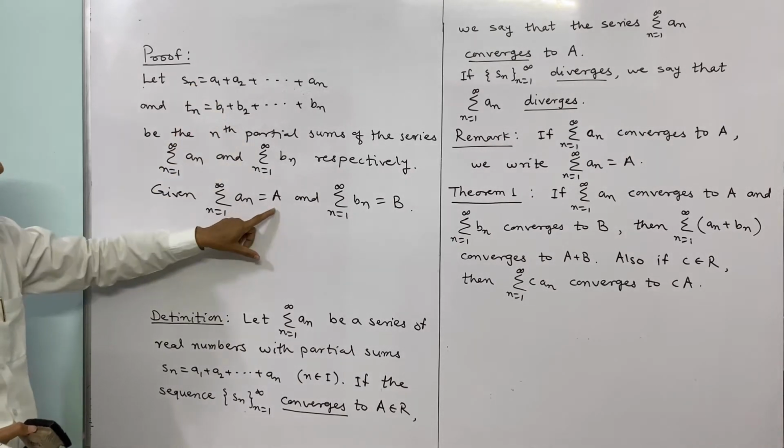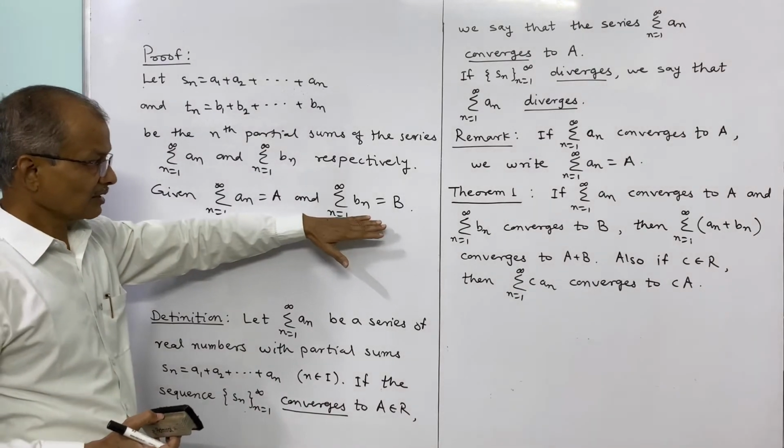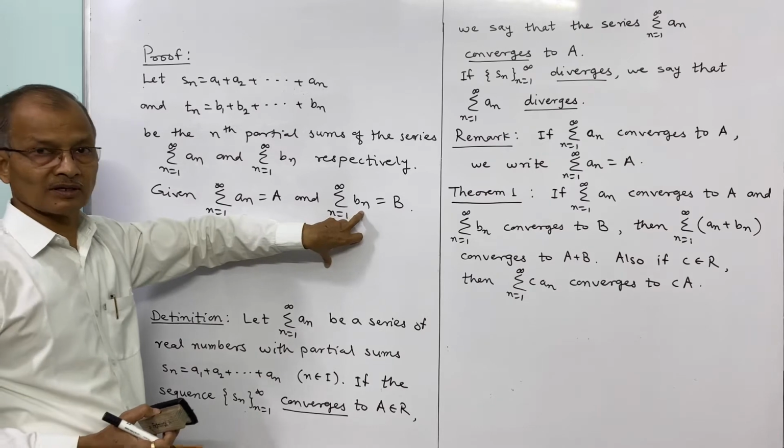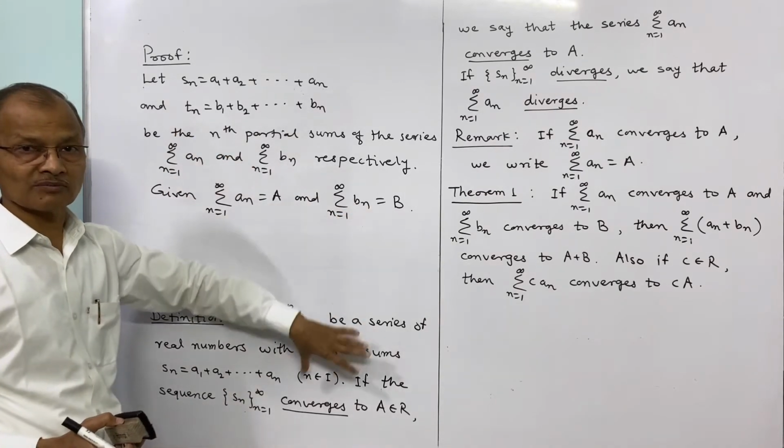So Sn converges to A, and the second, sigma bn equal to B, means the partial sum of this series, which is Tn, must converge to B. This is by definition.